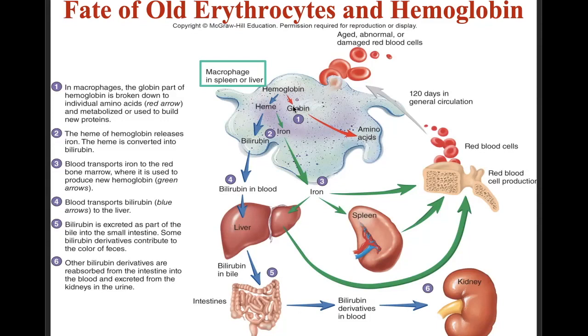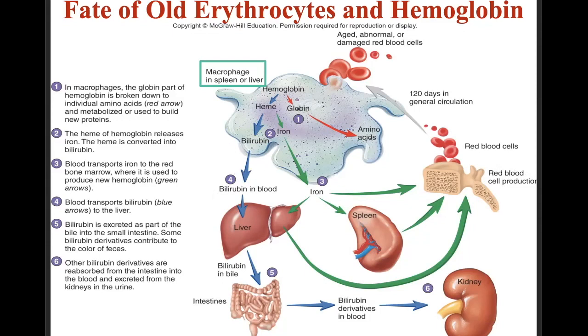So what will happen to the heme part of the hemoglobin? The hemoglobin's iron is being recycled. So that is what's happening. Now, the heme is converted into your bilirubin. The bilirubin is the yellow pigment.